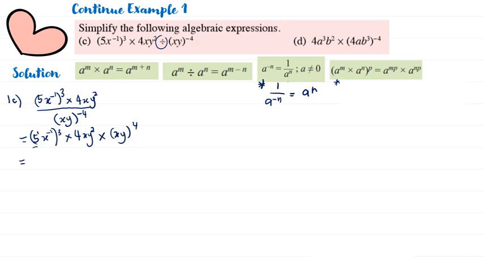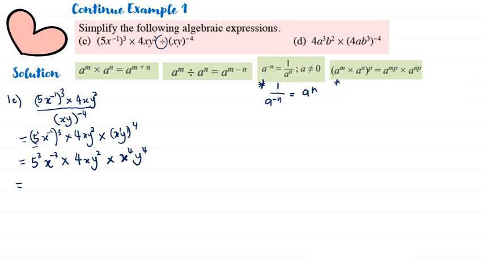So if we expand this, we become 5 to the power of 3, x to the power of negative 3, multiplied with 4 xy to the power of 2, times x to the power of 4 y to the power of 4. This one we have actually the index is power of 1. Okay, and then 5. So we need to solve the numbers first.